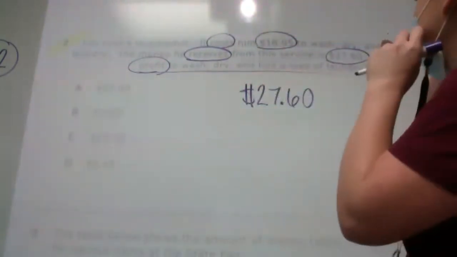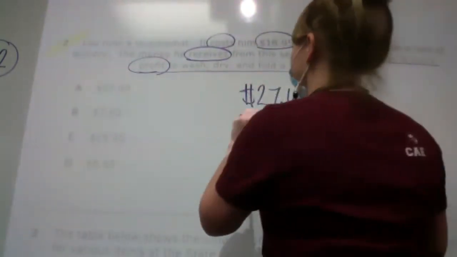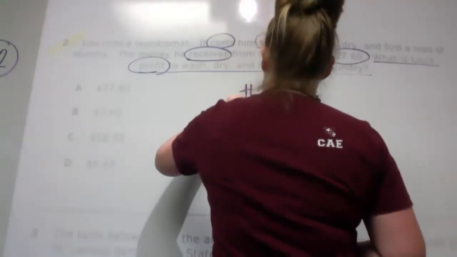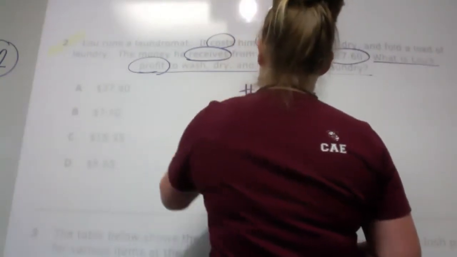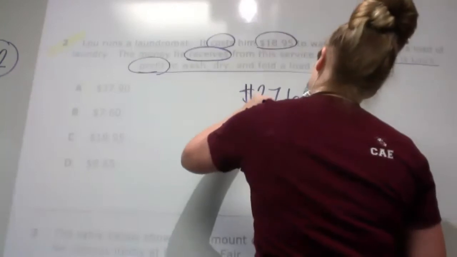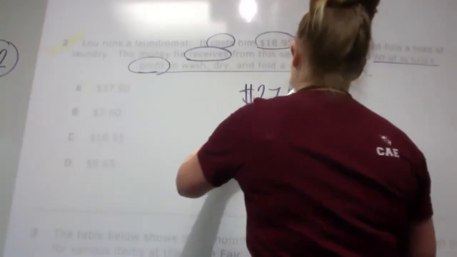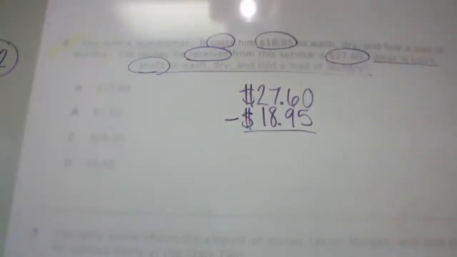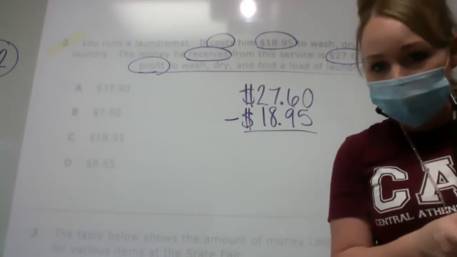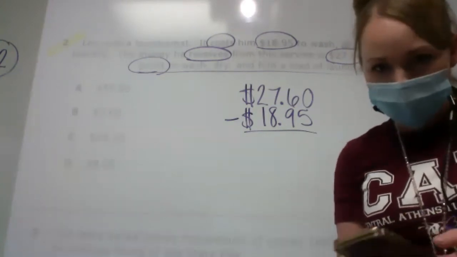It cost him $18.95. It's looking like his profit might not be that fantastic. So we need to subtract this number, $18.95, to get our profit. So you guys subtract that, and again, I'll give points. At home, you can subtract and you can just type your answer into the chat.